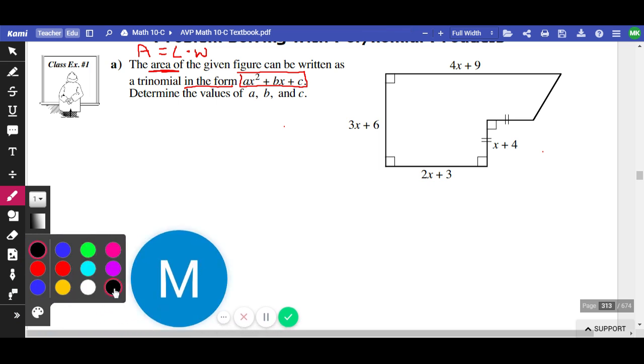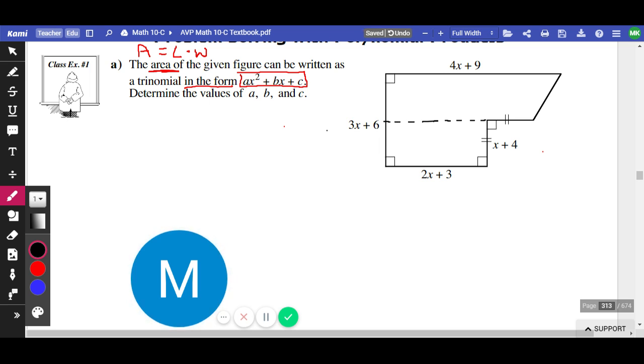So, for instance, the first line I would draw is if I put a line right here. That gives me a rectangle down here. Hey, we see that nice little rectangle? I'm going to highlight it and let's do bright green. Okay, so that's one area I can now calculate because it's a nice little rectangle.